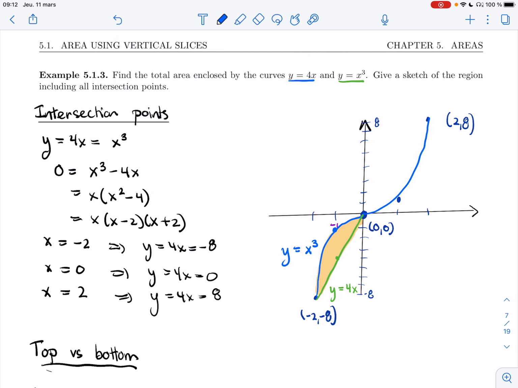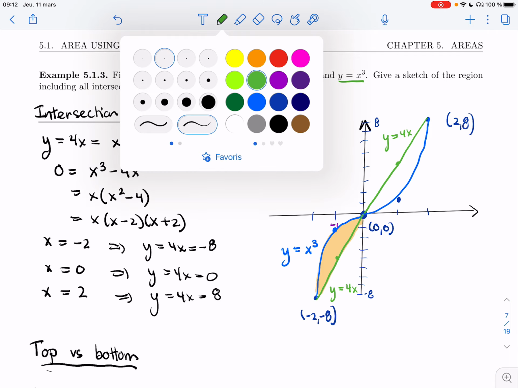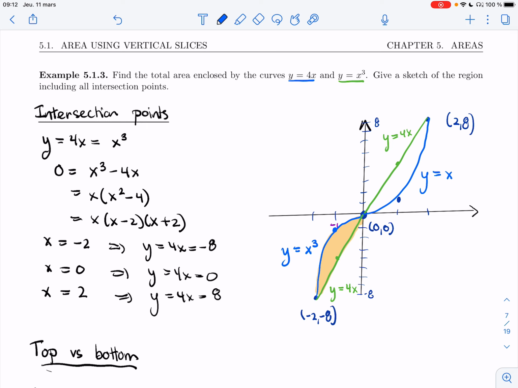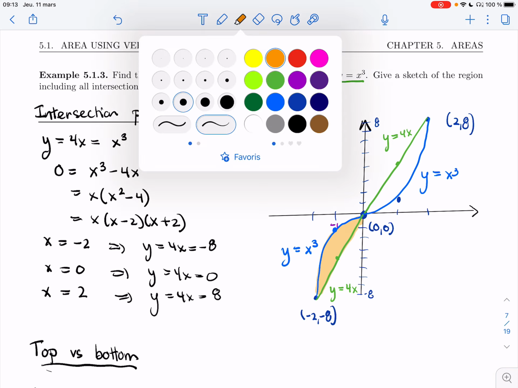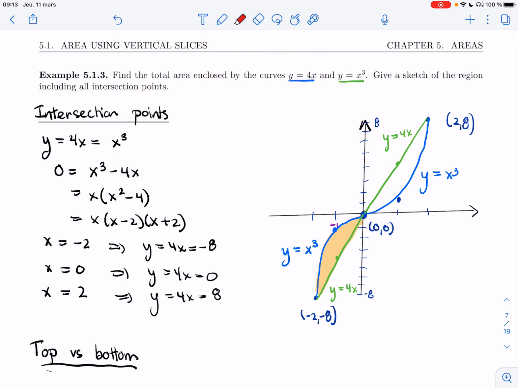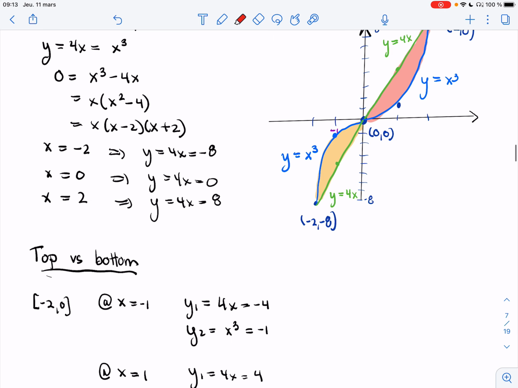And so it's going to look something like this. The green curve is at 4, we said. So it's going to be something like this. And so I have a second piece right here for my region.